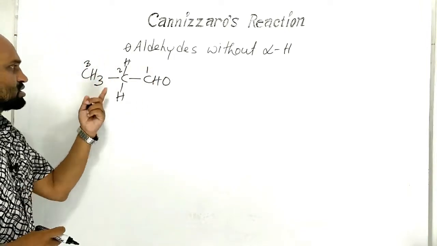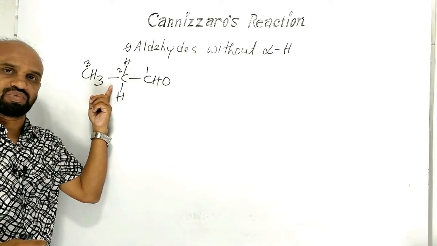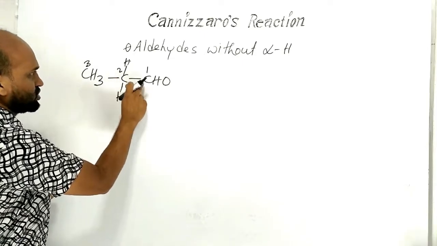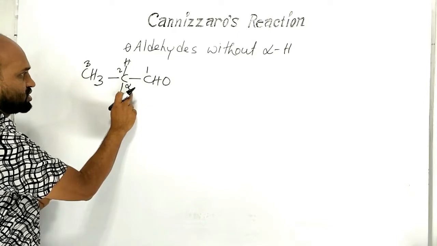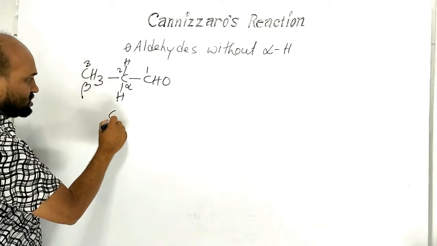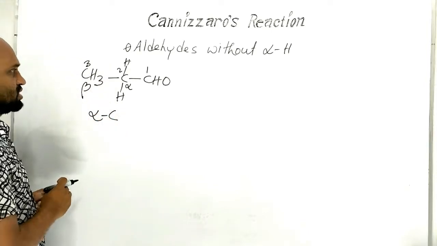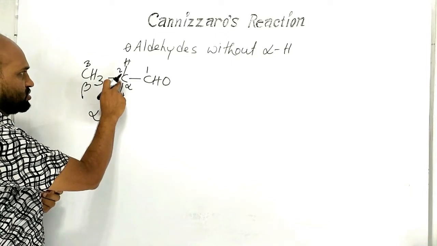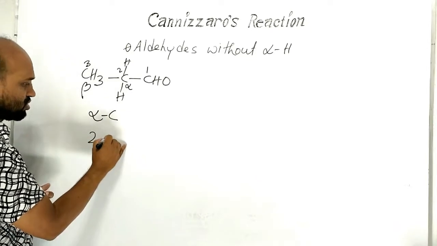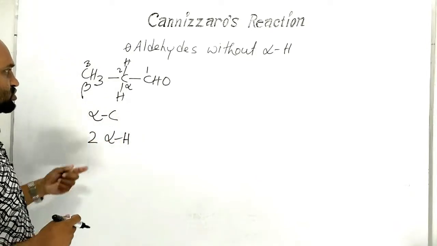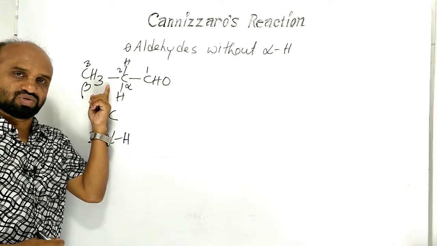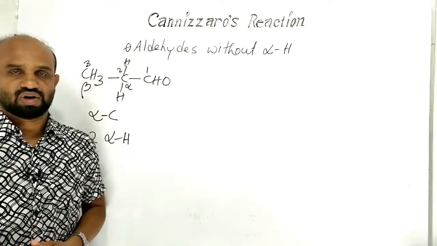And when carbon atoms are numbered in the chain by Greek letters, then the carbon which is linked up with the functional group carbon is called alpha, then this is beta. So this carbon is the alpha carbon, and at the alpha carbon these two hydrogen atoms are called alpha hydrogen atoms. So in this compound there are two alpha hydrogen atoms. So this is the compound with alpha hydrogen atoms.